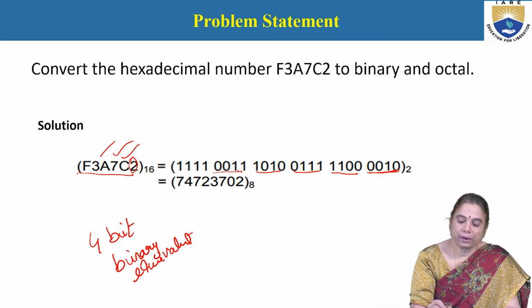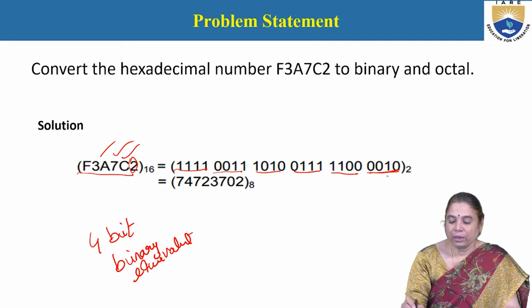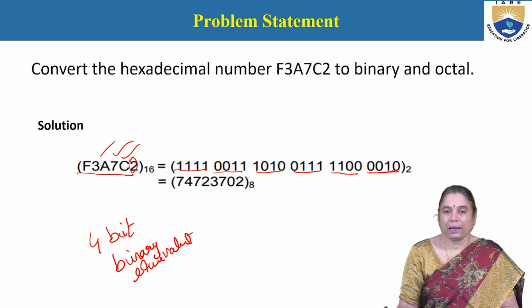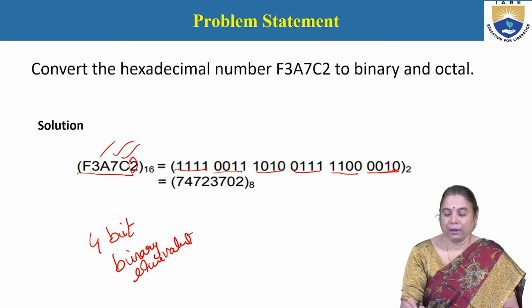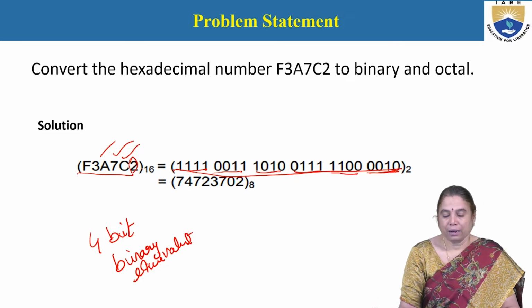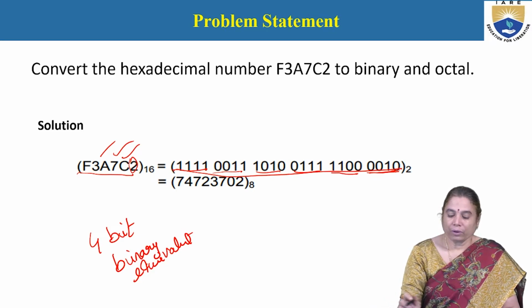F is represented with 1111. In this way, for each digit the 4-bit binary equivalent can be written. That series is the binary equivalent of that particular hexadecimal number. So what is the binary number you get?